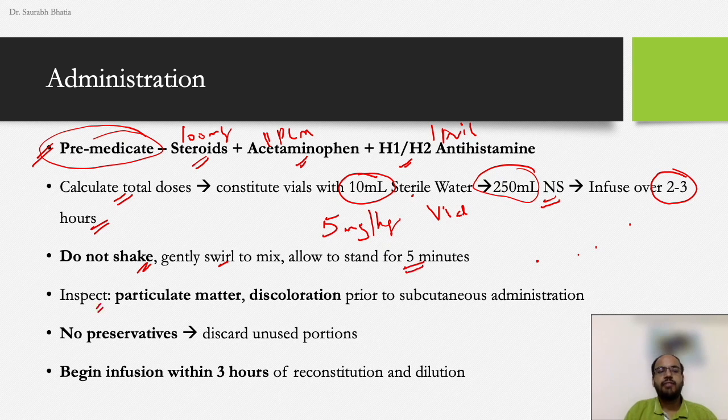Inspect the vial for any particulate matter which is not getting mixed even after diluting with 10 ml of sterile water, or any discoloration prior to IV administration. Sorry, this has to be intravenous administration.